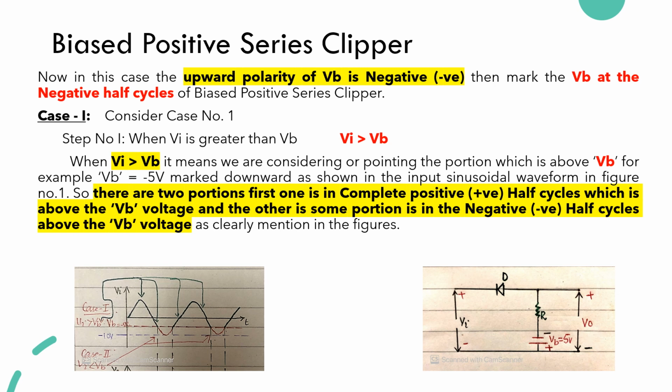So there are two portions. The first one is the complete positive half cycle as shown in the figure, which is above VB, and VB is minus 5 volt, and the other is some portion in the negative half cycle above VB, as clearly mentioned in figure number 1.